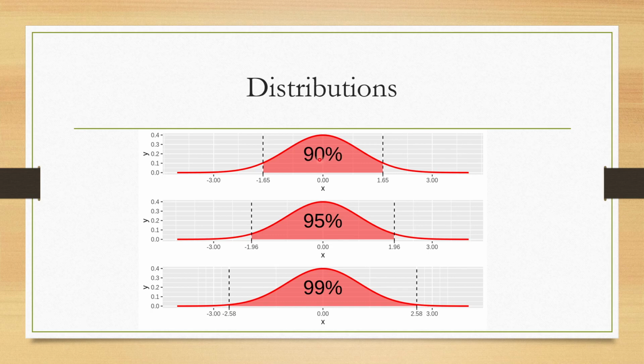So this 90% cutoff, and eventually we'll be using this as 90% confidence, or correspondingly 10% error, is associated with the cutoffs in the standard normal distribution of positive 1.65 on the top and negative 1.65 on the bottom.